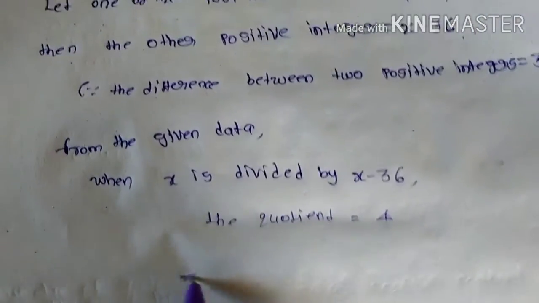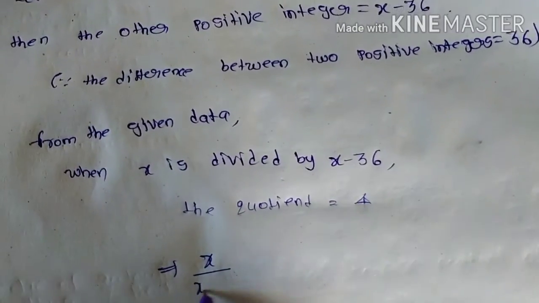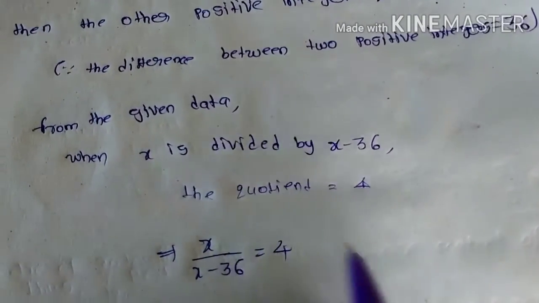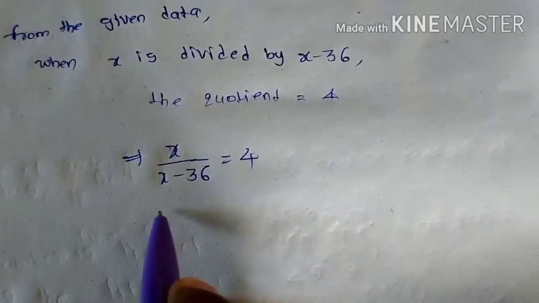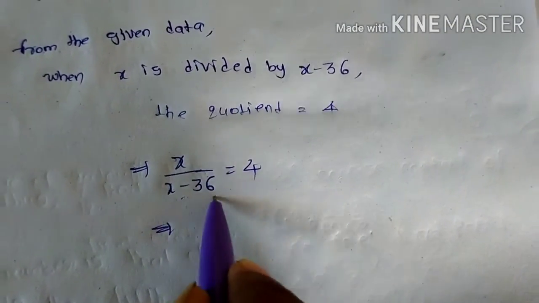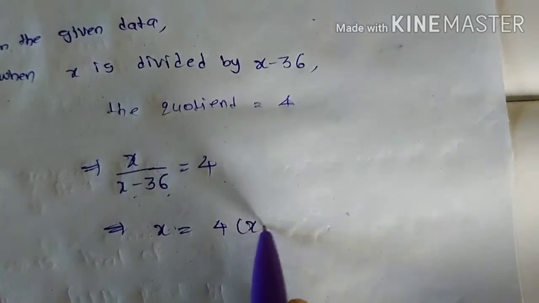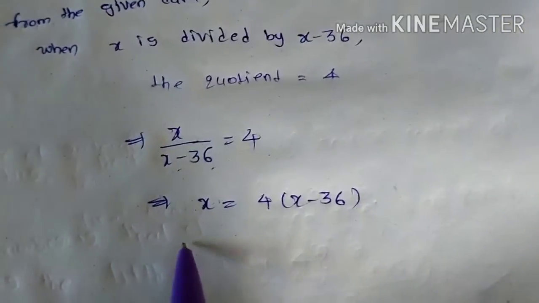That means x by x minus 36 is equal to 4. You can transpose x minus 36 to the RHS. That means x is equal to 4 into x minus 36.